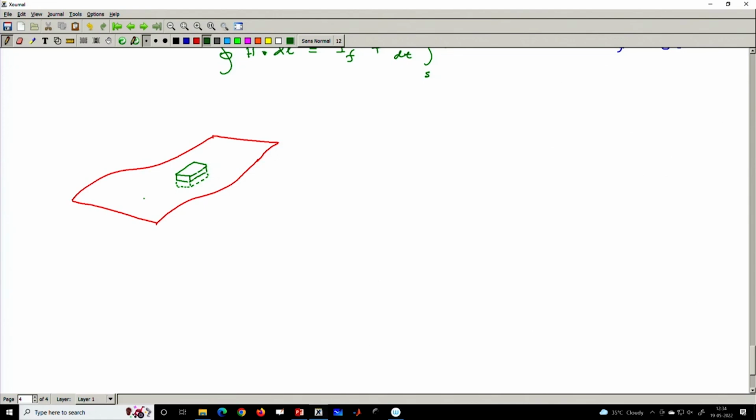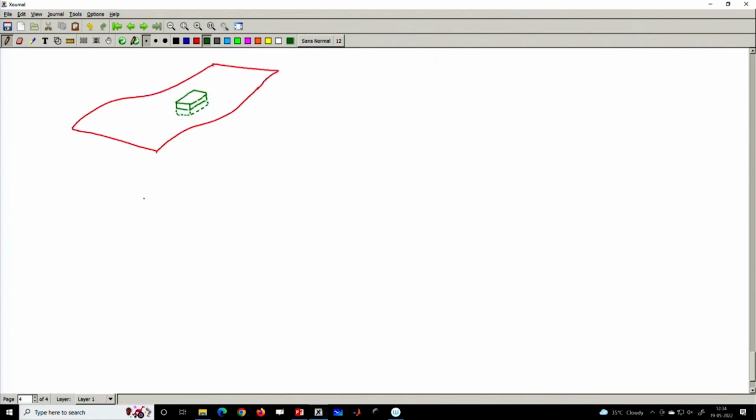The surface is over this region, and let us consider sigma f to be the free surface charge density here.